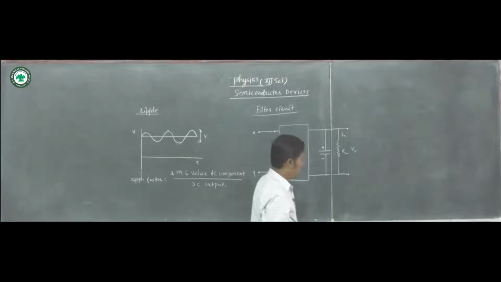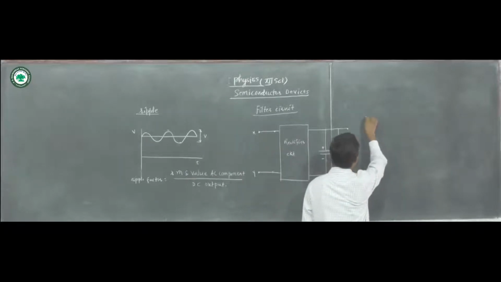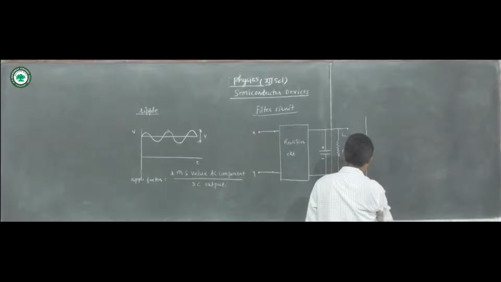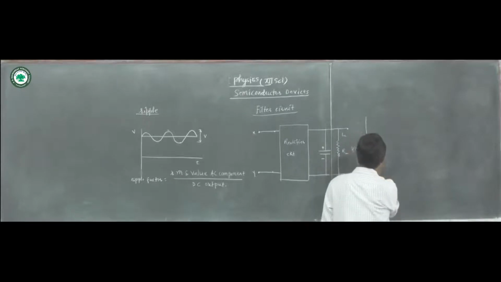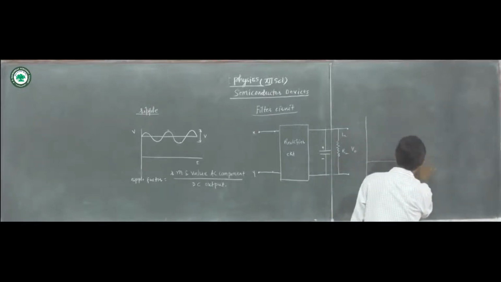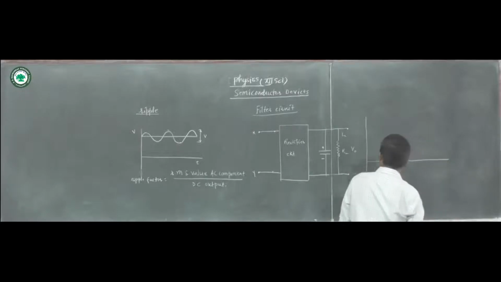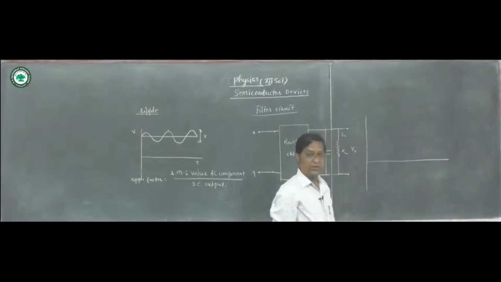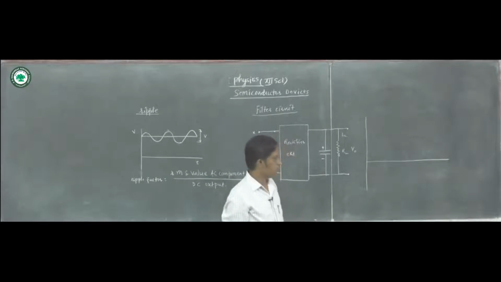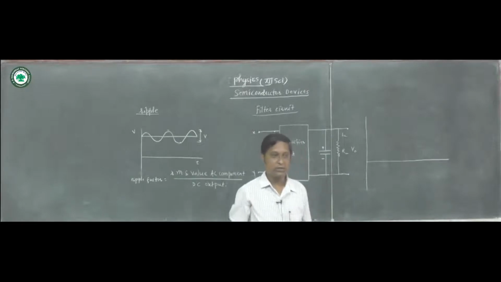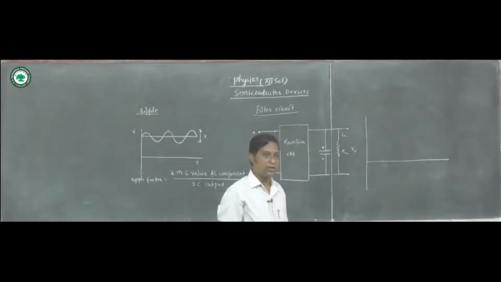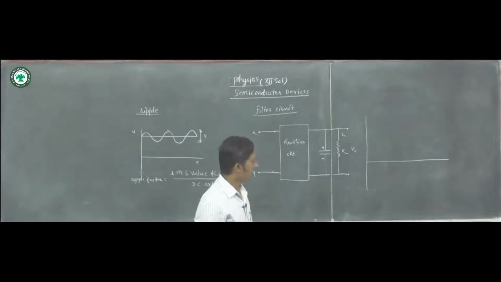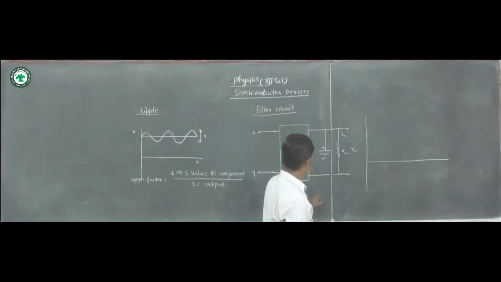Let us see how this works with the help of these waveforms. The output waveform of the full wave rectifier is the pulsating output. It has the AC component, known as the ripple factor, and to overcome this ripple factor, this filter circuit is used.